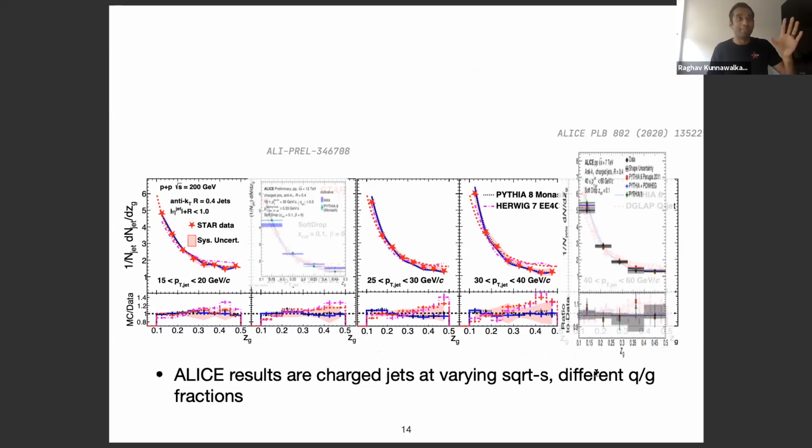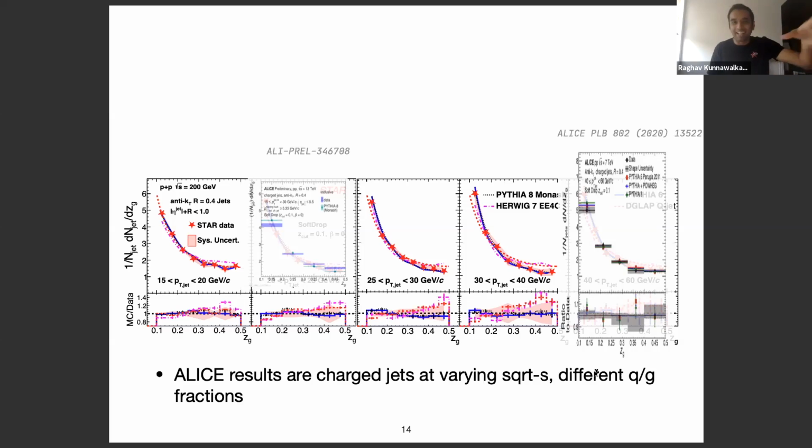There have been some ALICE measurements. I did a very quick and dirty PowerPoint comparison of the two figures. I show similar PT bins, but one thing to note is that ALICE uses charged jets, and they have very different quark-gluon fractions. For example, you see the plot from the ALICE paper, 7 TeV proton-proton collisions, 40 to 60 GeV jets.